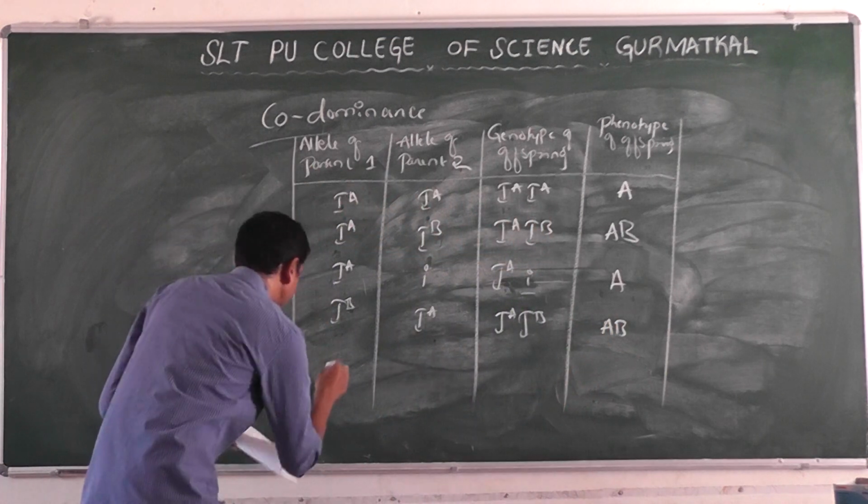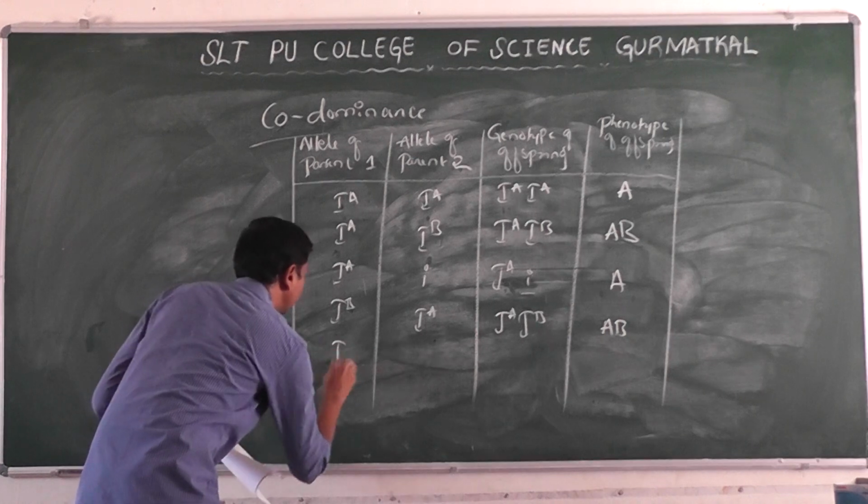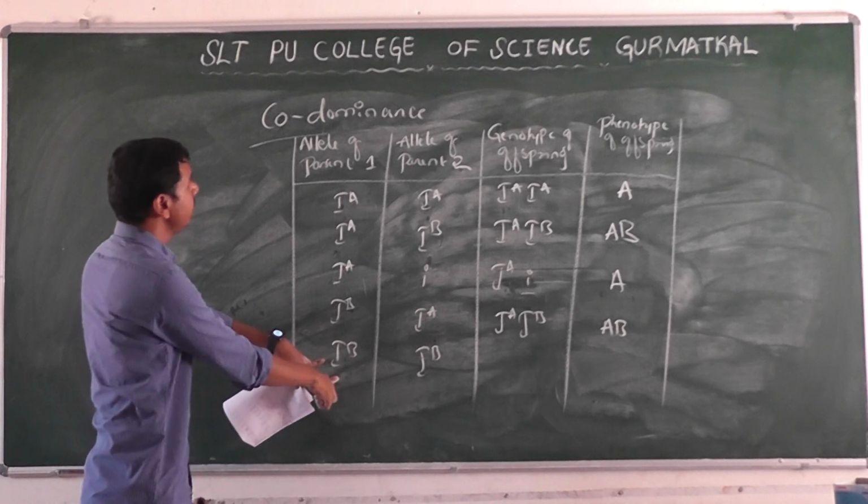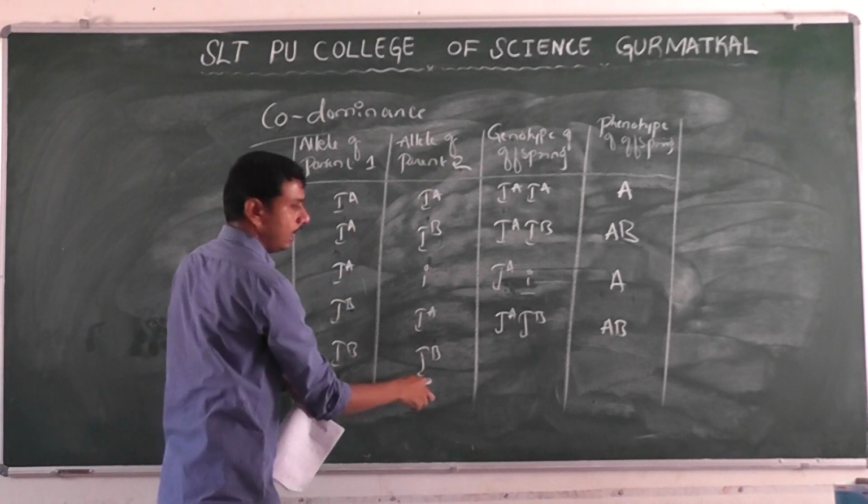Then say parent 1 has an IB allele and parent 2 has an IB allele.